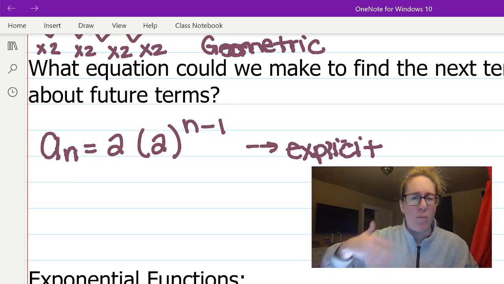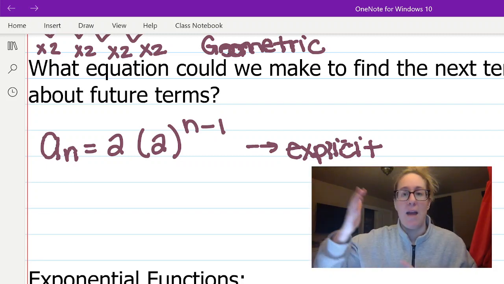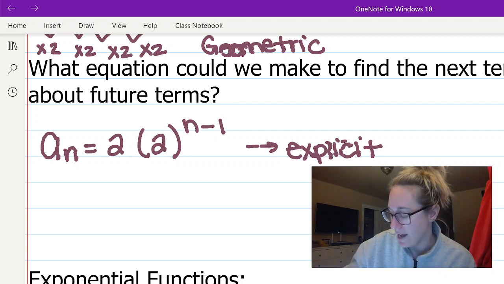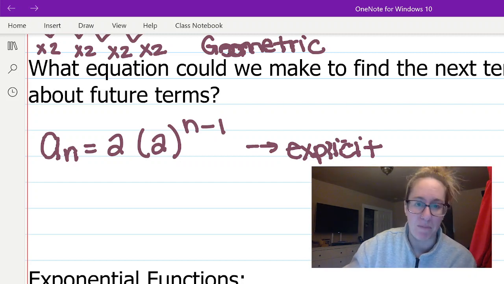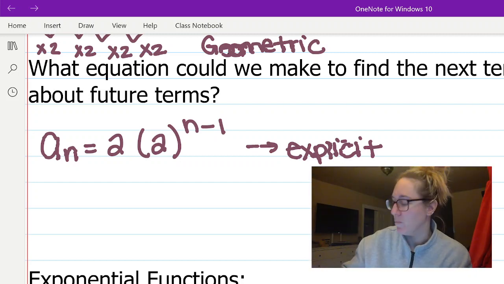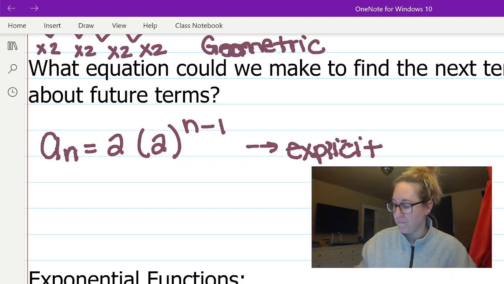So x is still what we would call our counter. It's what term or how much time or whatever it is that we want. I like to refer to the x as our counter. It's what we're counting by. Could be term number, could be months that have gone by, whatever the problem wants us to do.